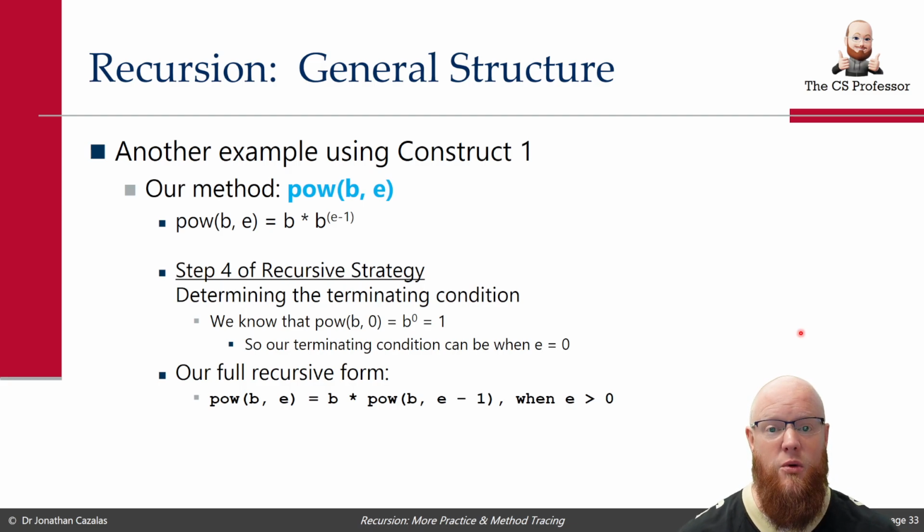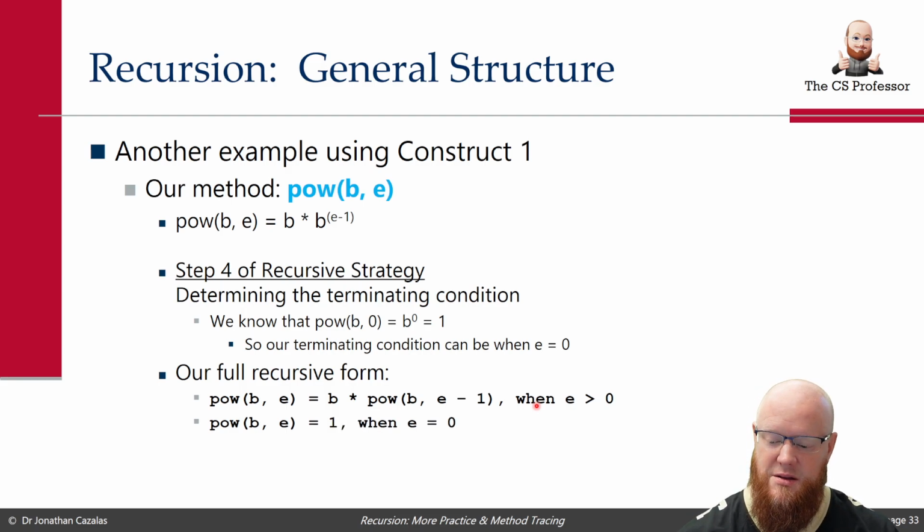So now let's look at our full recursive formula. We have the power method of some base raised to the e power is b times that same method, that base to the power of e minus 1, as long as e is greater than 0. Otherwise, power b comma e equals 1 when e is 0.